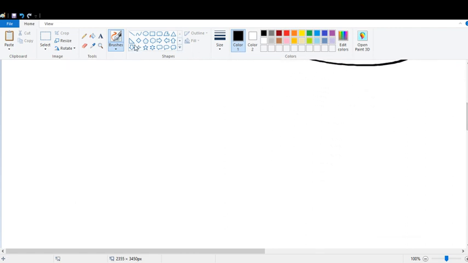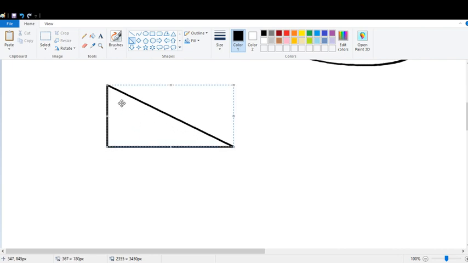Well, what if we had, let's do something like this. What if we had a 30, 60, 90 degree triangle? If the short leg is 3, and we know this is the short leg because it's opposite the smallest angle, which is 30, we know the hypotenuse will always be double the short leg, double.